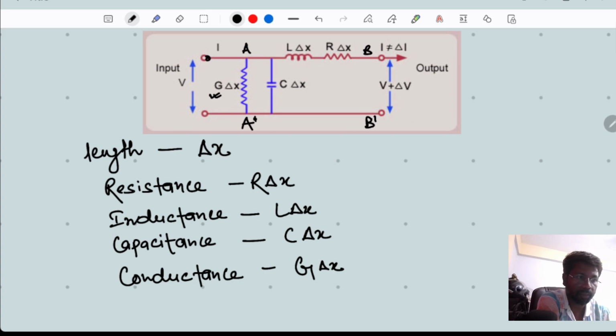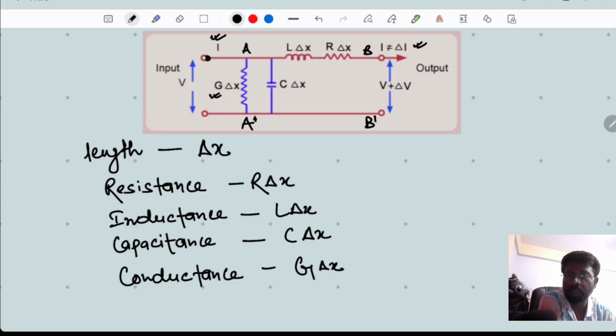Similarly, some part of the input current will pass through the shunt elements C and G, and the output current is not equal to the input current.